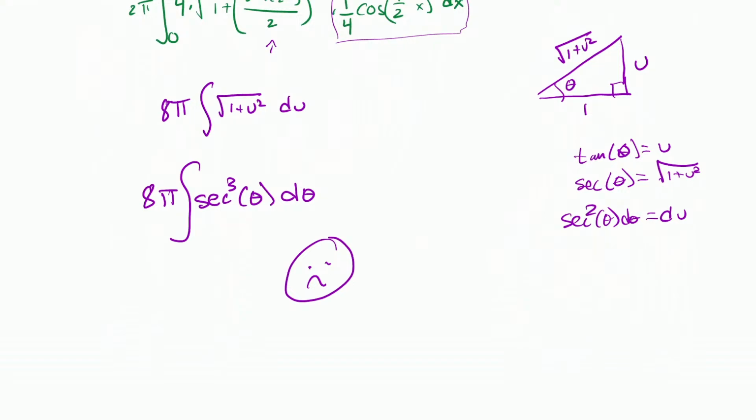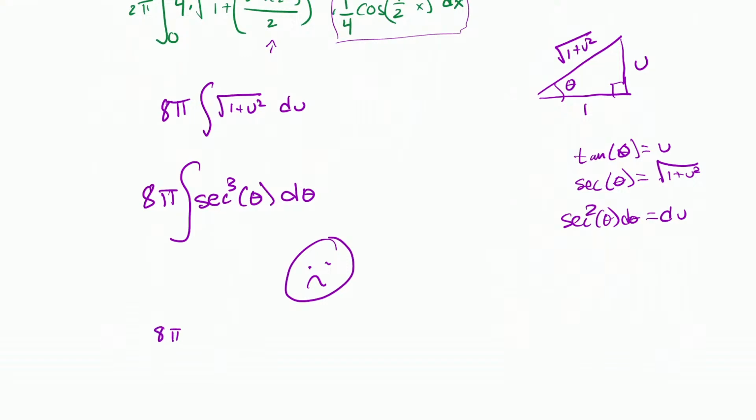So let's just integrate. You could do this in Python, or I'm just using another program here. We'll do the secant cubed with respect to x. And I got 1/2. Interesting. Okay, yeah, we had done this before.